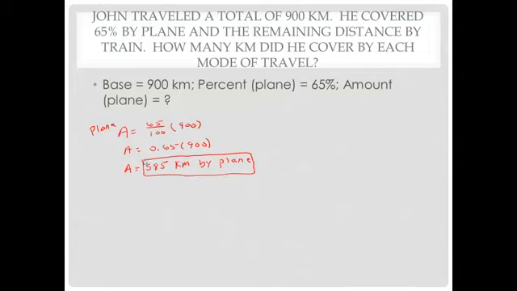585 kilometers by plane. So if we know he traveled a total of 900 kilometers, and then we just found that he traveled 585 of those, I'm sorry, not miles, kilometers. He traveled 585 kilometers by plane, then I can subtract to find out how much he traveled by train.